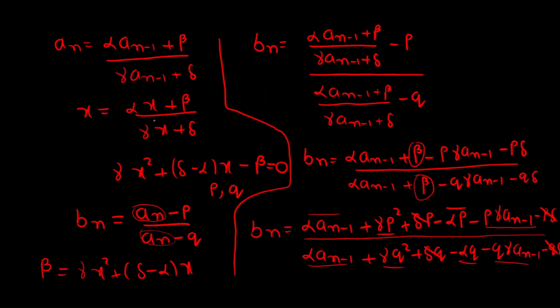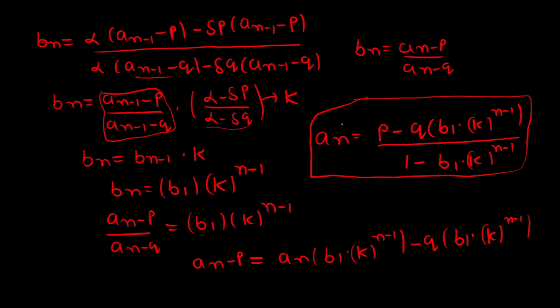Then why did we do this? We took an and an minus 1, replaced them with x. We got a quadratic. We took roots p and q and then defined this new sequence. And then you saw that the terms have beautifully cancelled and we have got a GP.